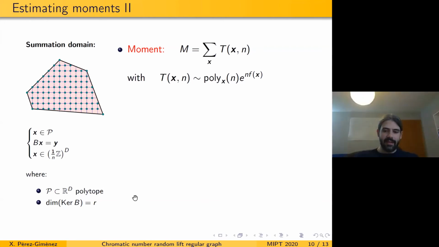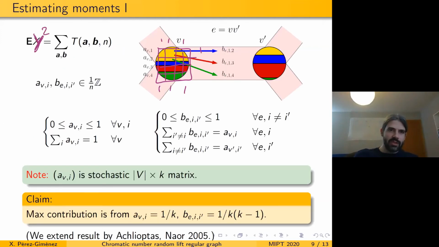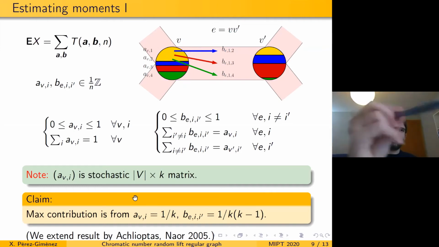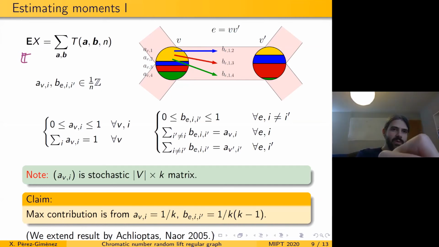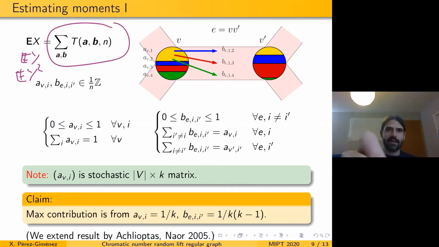So, long story short, maybe what I said sounded complicated, but the summary is that we can compute these moments and give some very ugly but exact expression, which looks like an ugly sum containing multinomials and factorials.